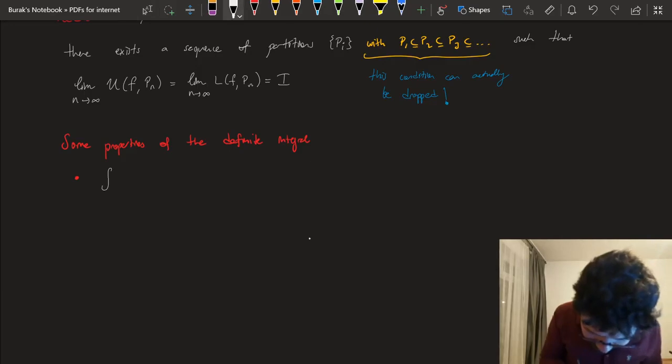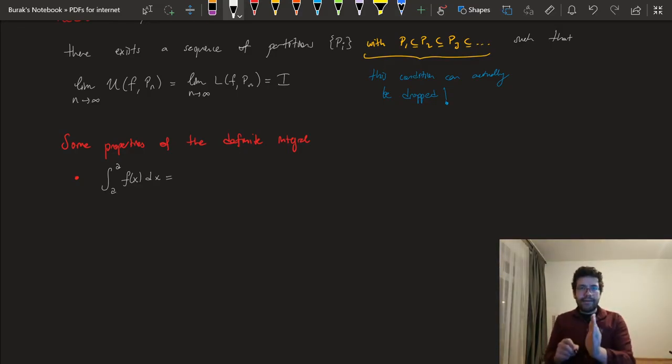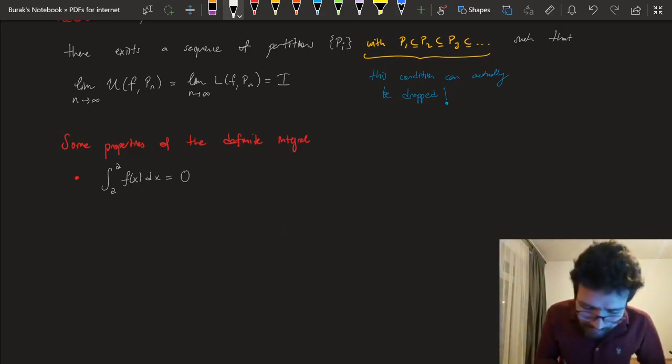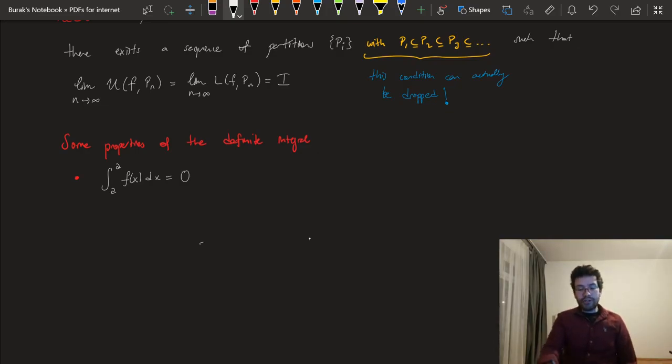So the first property is that if I try to integrate any function on the interval [a, a], so I have a closed interval, but it has no length, like its left hand point and right hand point are the same. Okay, so in that case, the integral will be 0. Why? Because remember how we define partitions. I have my points x0, xn, and I'm supposed to have x1, x2, x3 in between, blah blah blah.